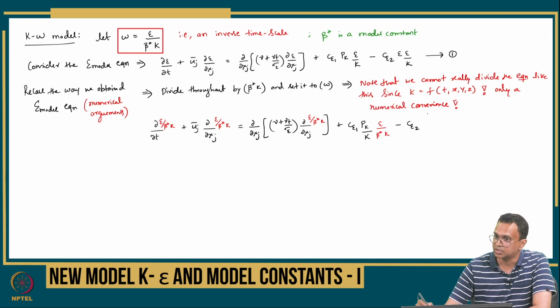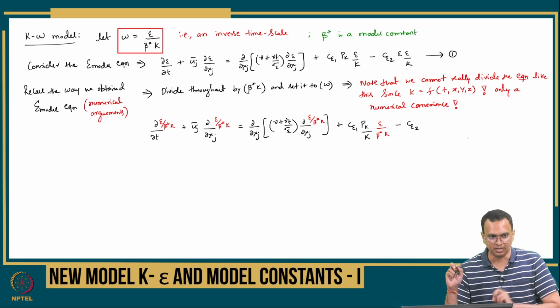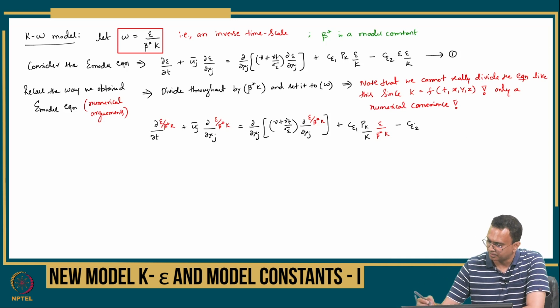Only one epsilon is replaced by beta star k, not the two here. For consistency, each term we are dividing by k, right? That we have to remember.